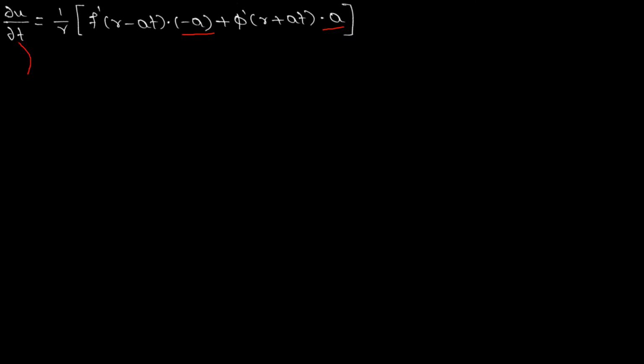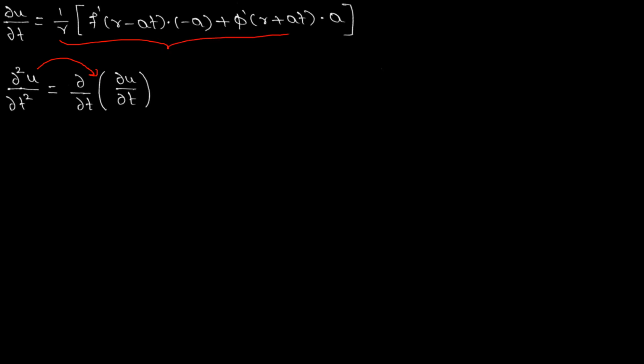Let us differentiate this partially with respect to t again, which gives dou square u by dou t square. Again 1 by r will be a constant. Before that, this dou square u by dou t square is nothing but dou by dou t of dou u by dou t. This can be written as this. Let us substitute this in the place of dou u by dou t and apply differentiation.